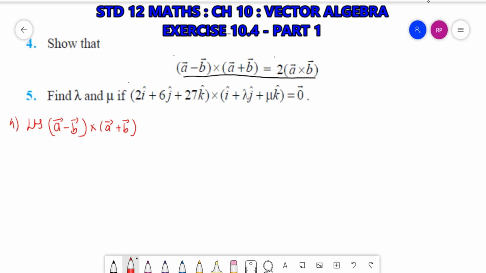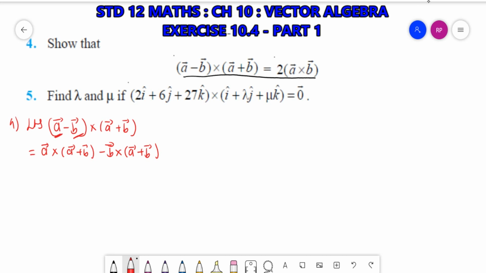Okay. So let's multiply A cross A plus B minus B. See, first I have taken A and now I am taking B cross A plus B. Now see, in cross product you cannot displace the position. Like if it is A cross B, you cannot write it as B cross A. Okay?